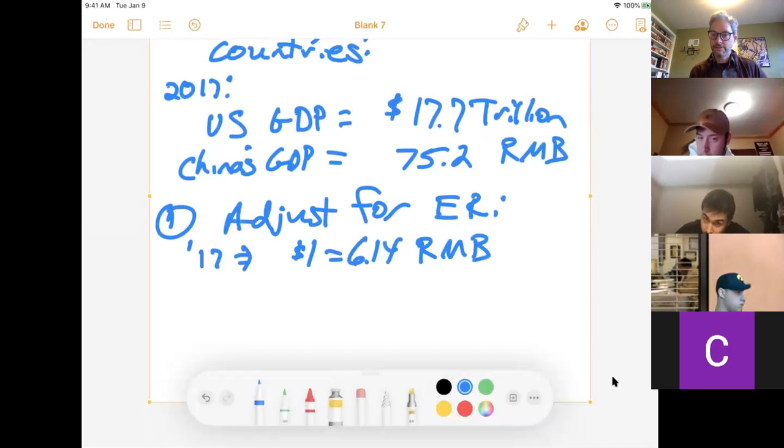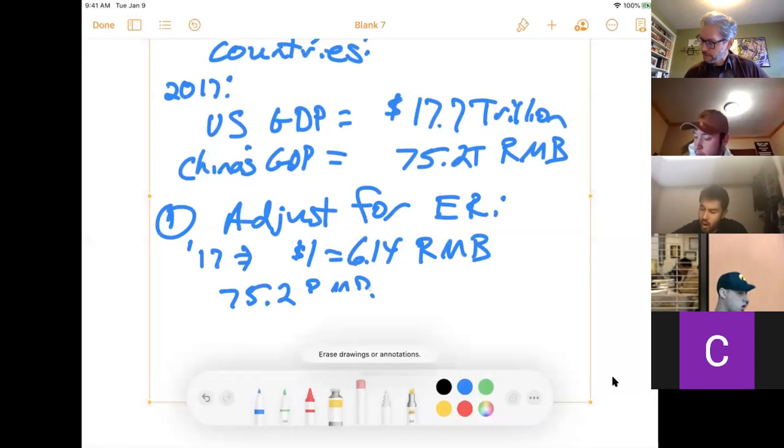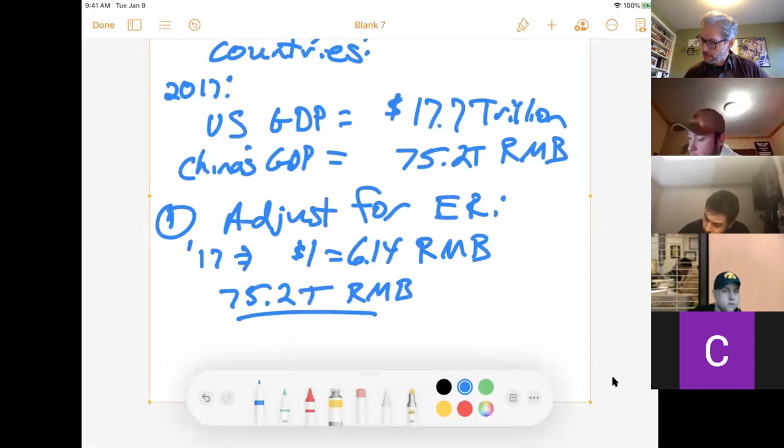And so what we need to do, first off, is we need to divide, I forgot the trillion in there, 75.2 trillion RMB divided by 6.14.